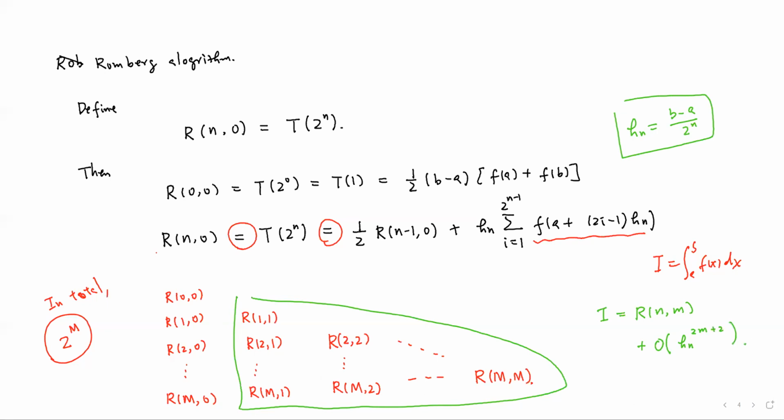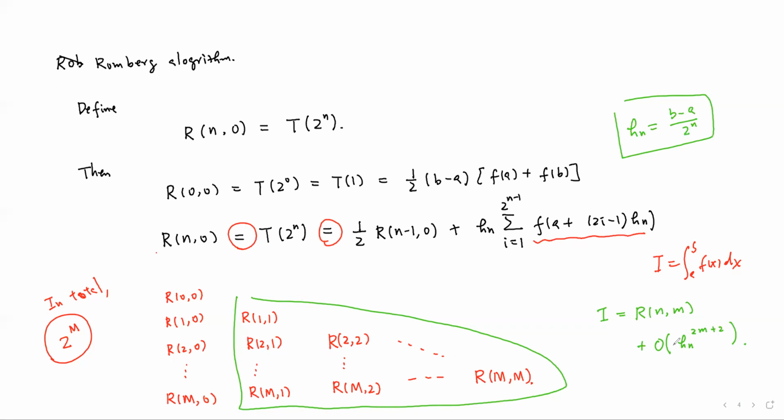So essentially, the Romberg algorithm gives an approximation to this integral of accuracy of any order. You can increase m.